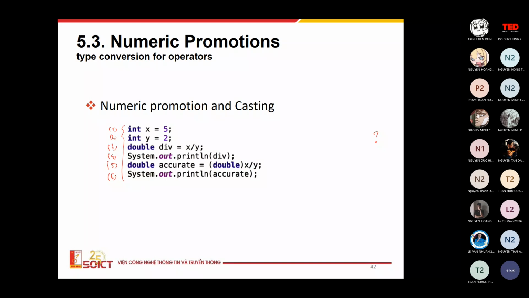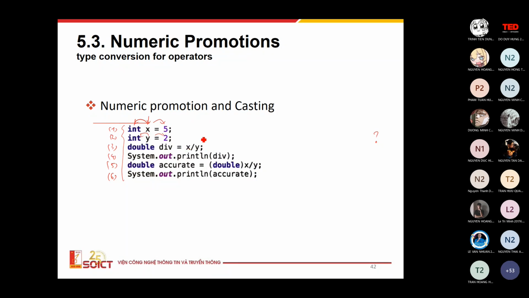Who can explain for me? The first line defines a variable named x with type integer and assigns it 5. The second line is the same as the first line, and after this line it is assigned 2.